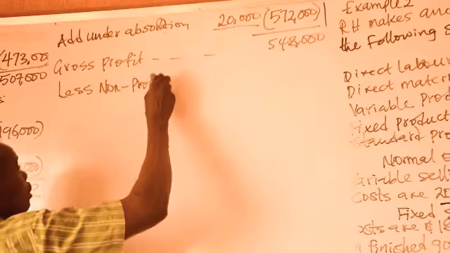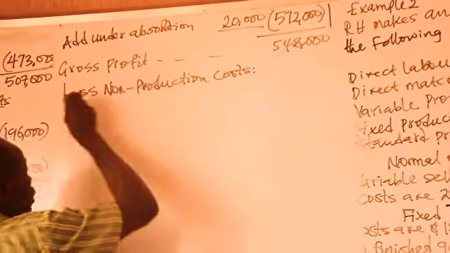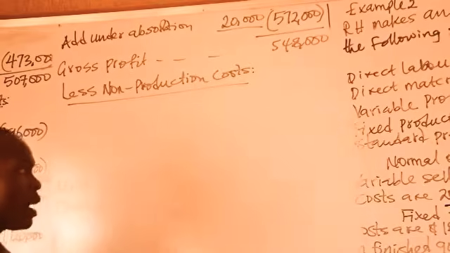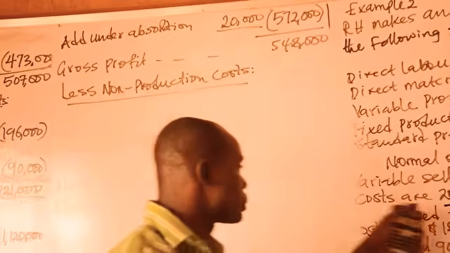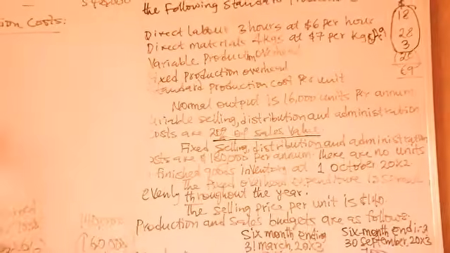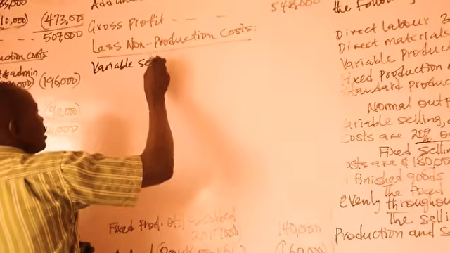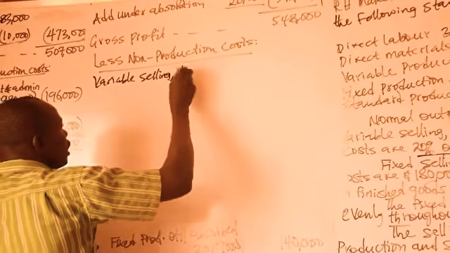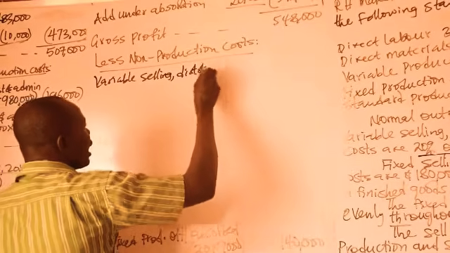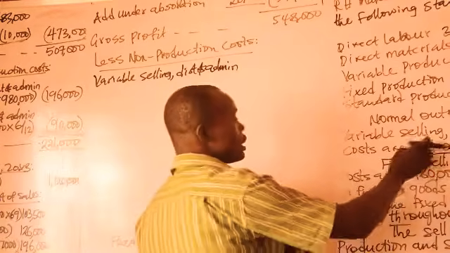Our non-production costs, those costs that don't relate to production, we have the variable and fixed. So we have variable selling, distribution, and admin. You were told that that variable is 20% of sales.